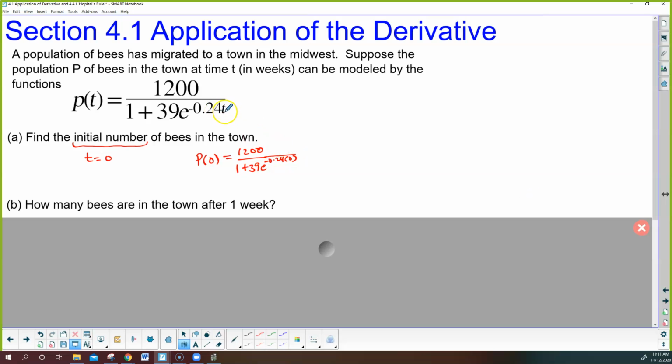So all I'm doing is plugging 0 in here. Now, you don't really have to show a ton of work if you know what's going on.